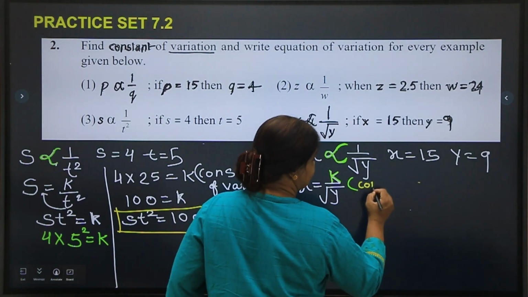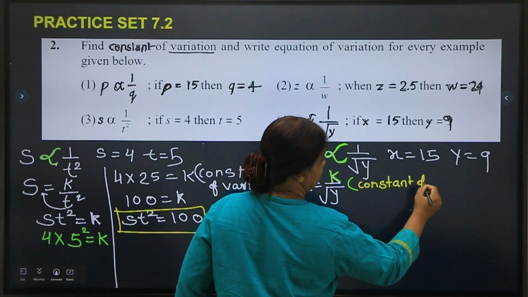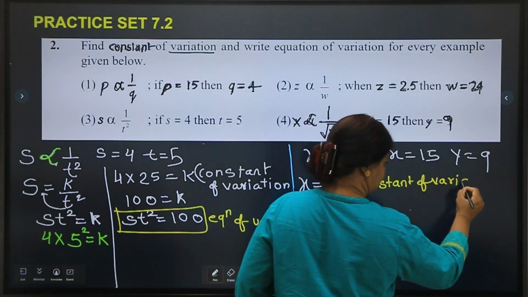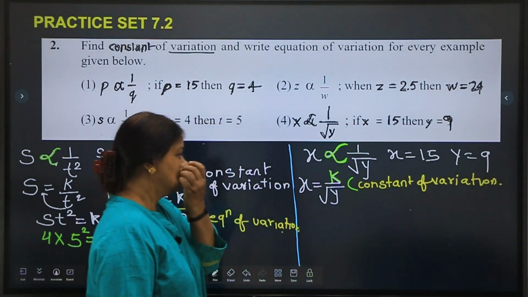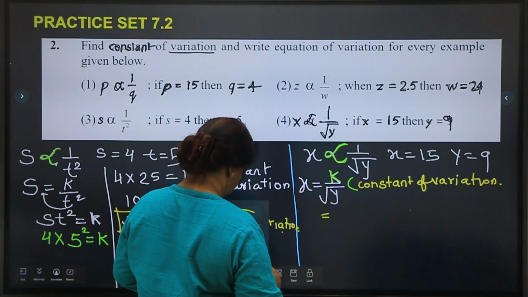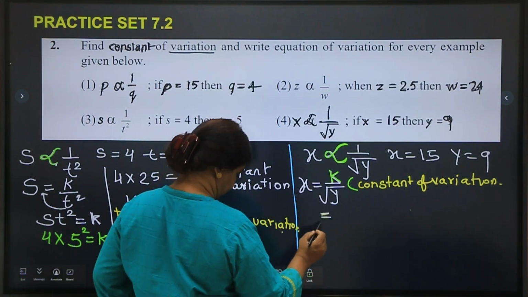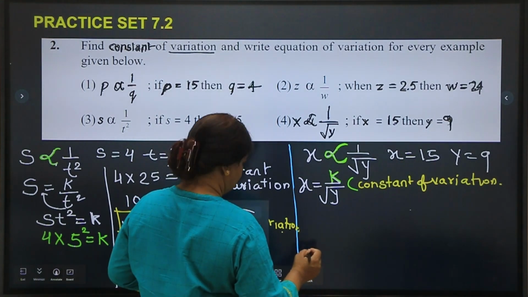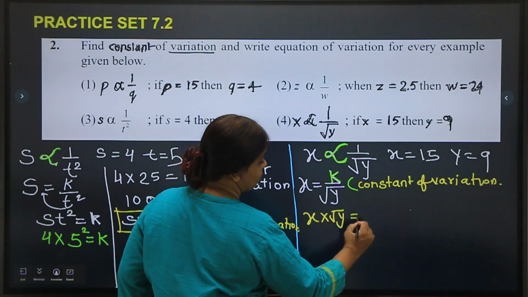Constant of variation. Now root y will go with x. So x into root y is equal to k.